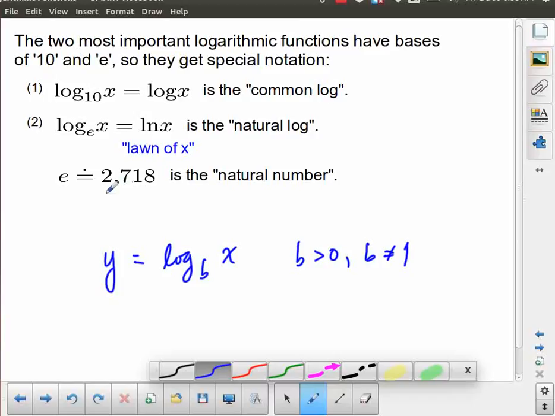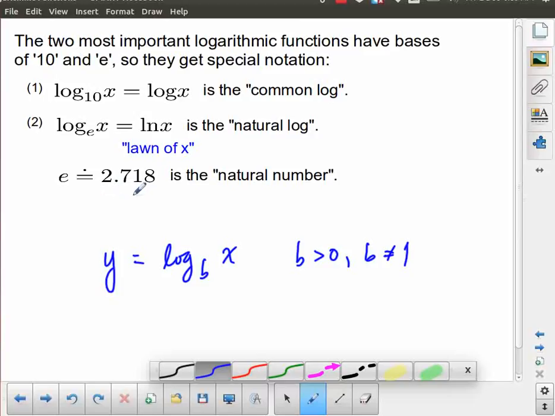And in the case of e, it showed up time and time again. In the case of pi, it came out of a very specific direction, which was to look at the relationship between the circumference of a circle to the diameter of a circle. Whereas e came out of other types of experiments, and it just kept popping up again and again.